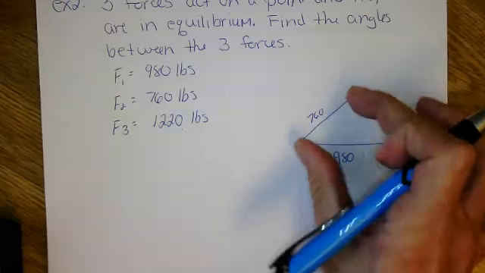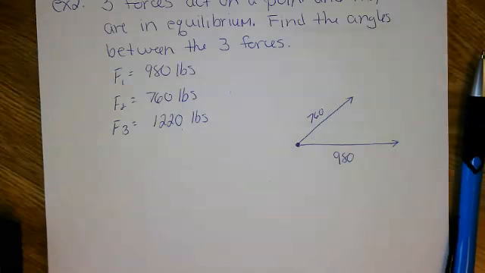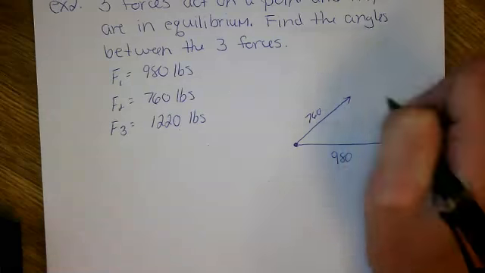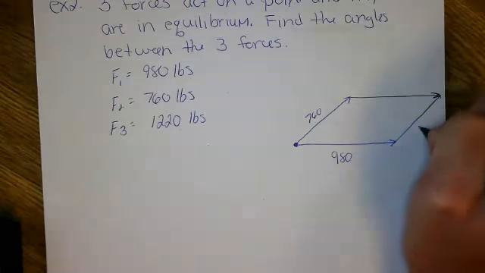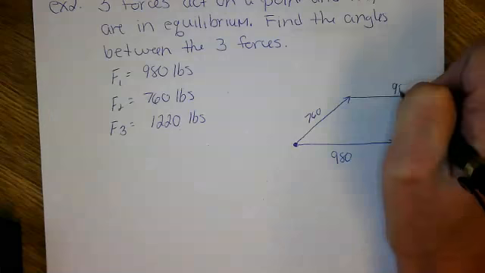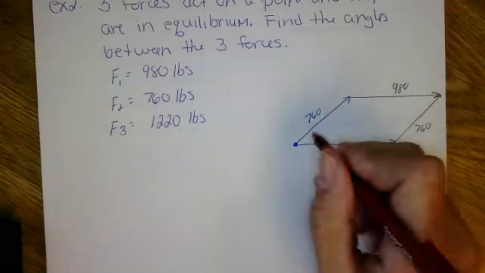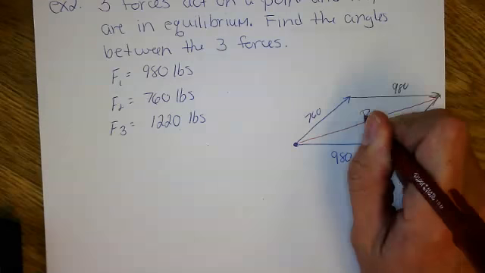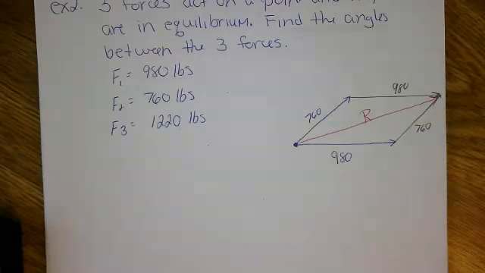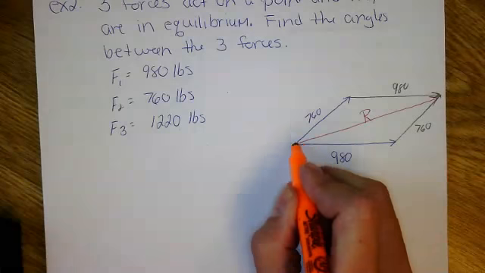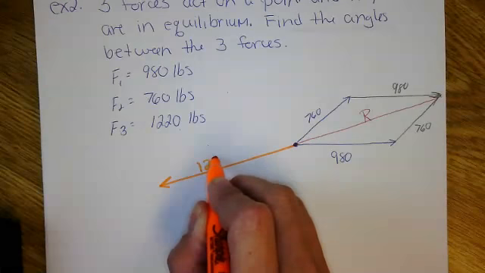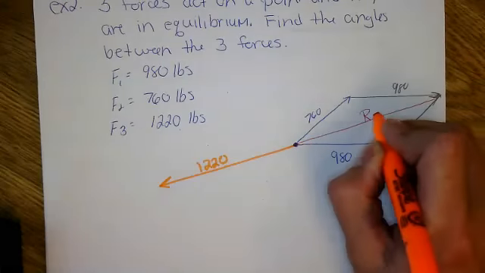If I am to draw their resultant by making a parallelogram, 760, 980, that resultant is the counterbalance to this 1220. That means my resultant is also 1220.